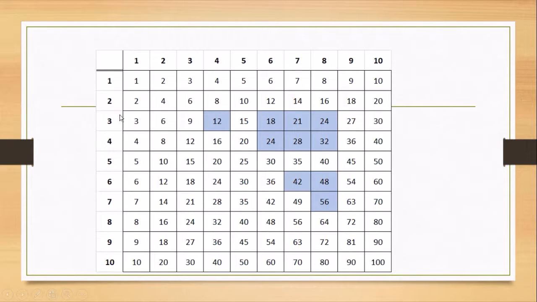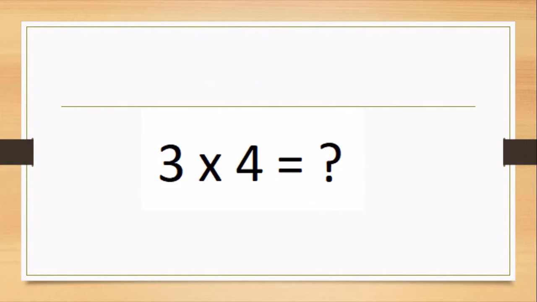Multiplication by 1, done. Multiplication by 2, done. Multiplication by 5, done. Multiplication by 10, done. The square numbers, done. Multiplication by 9, done. So you are left with all these numbers. So you can practice. Just do something like this.